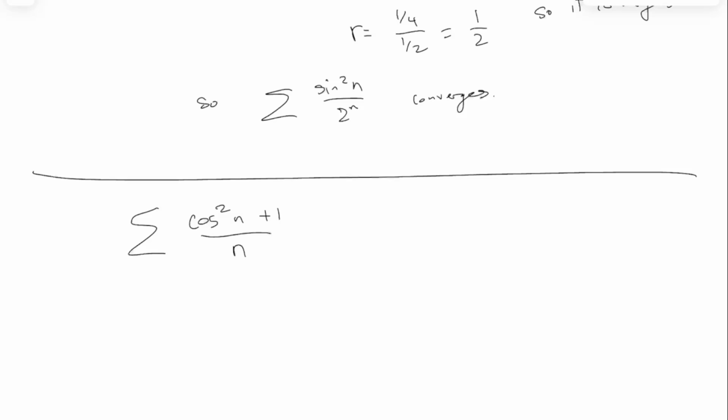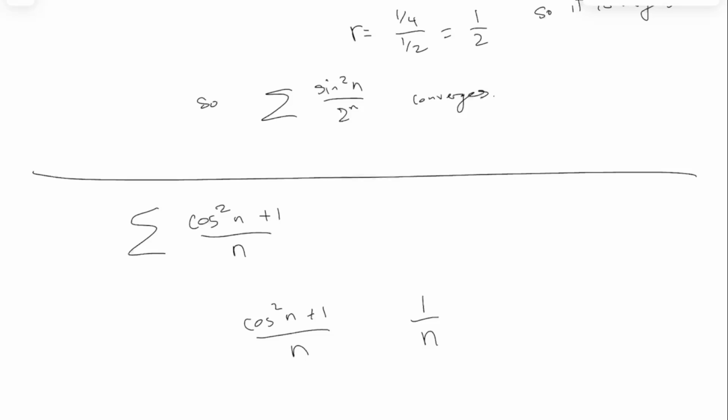If your choices are geometric or p series, geometric is when n is inside of an exponent, which I don't see here. I do see a power of n in the denominator. It's n to the power 1, right? So this I am going to think of as a p series with p equals 1. So I compare cosine squared n plus 1 over n versus just straight up 1 over n.